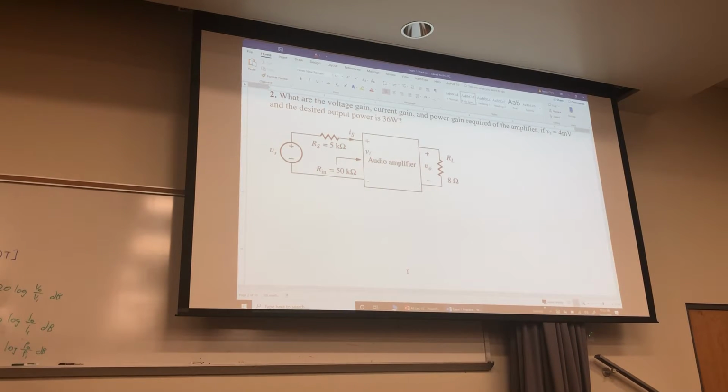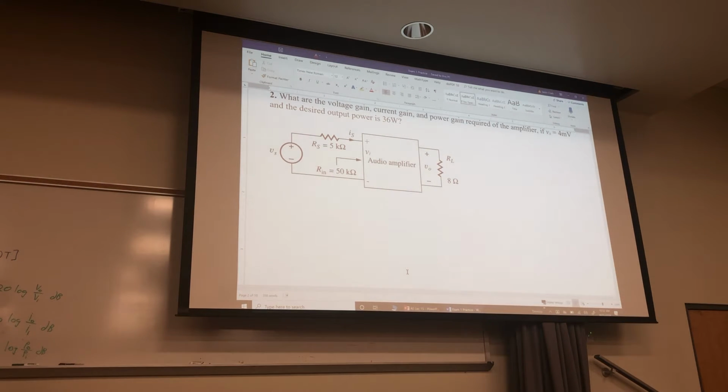So here the output and input have to do with the amplifier and not this source right here, because that's going to change things. Sometimes it's clear, sometimes it's not, but how we're looking at it is with respect to the amplifier and not the source for the input.